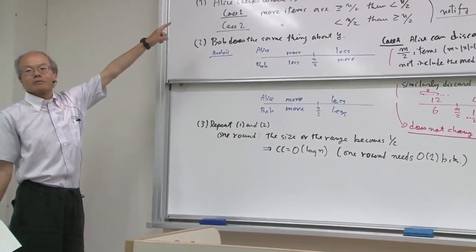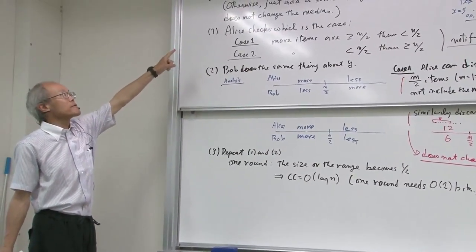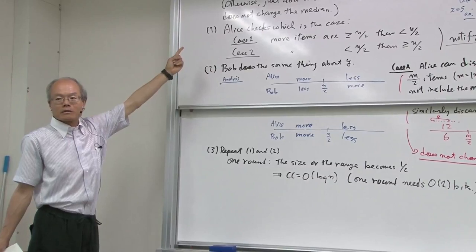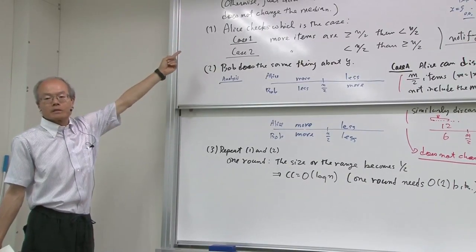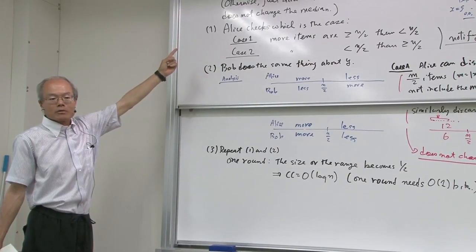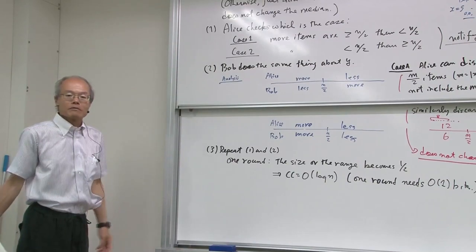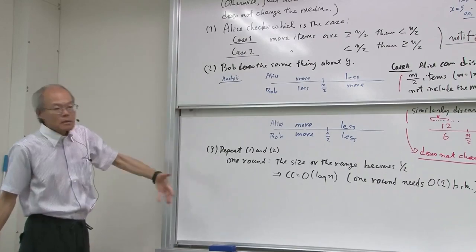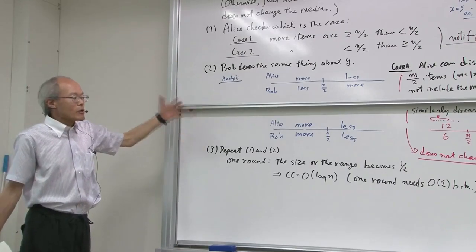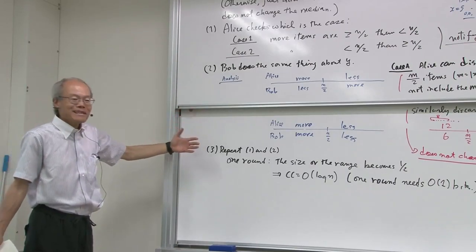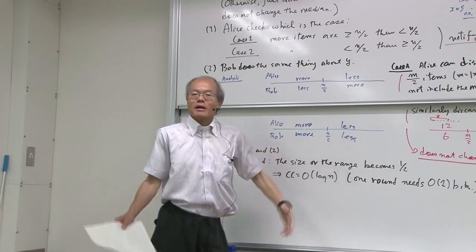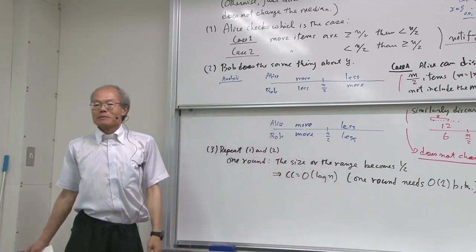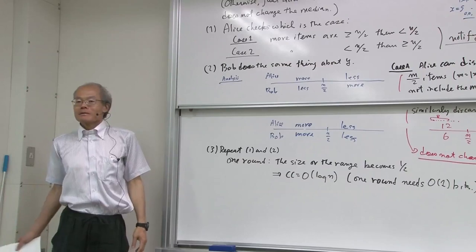Step 0 is a preparation. So we do need log n bits for step 0, but that is only once. So we don't have to worry about that. So repeating 1 to 2 log n times, the size or the range becomes constant. We are done.